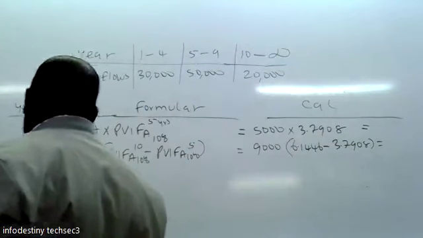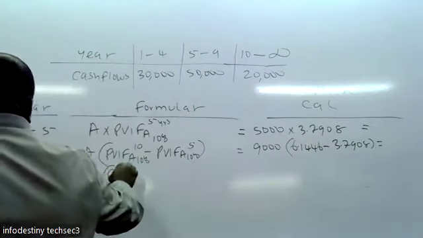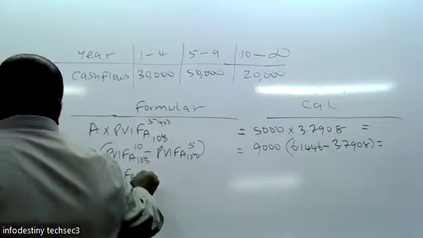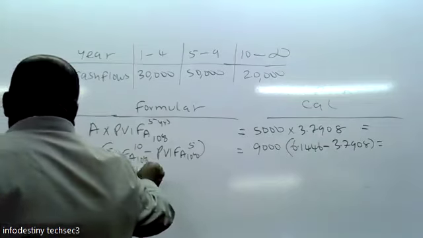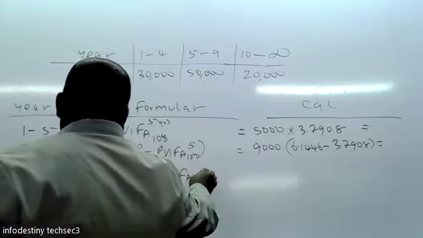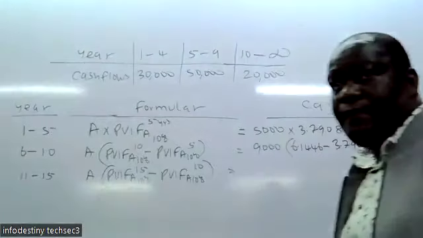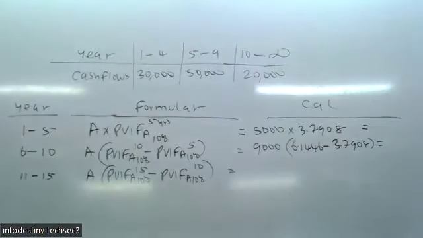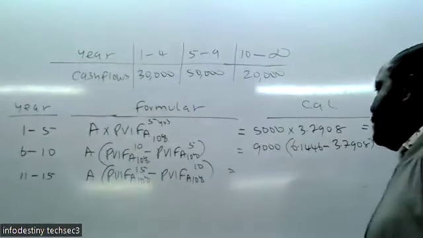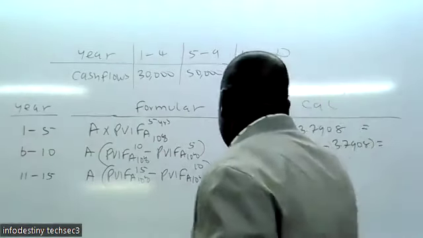So year 11 up to infinity. We subtract the one for year 10. So that annuity is 4,000.